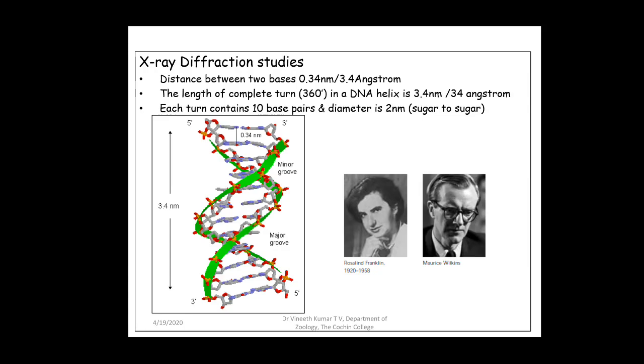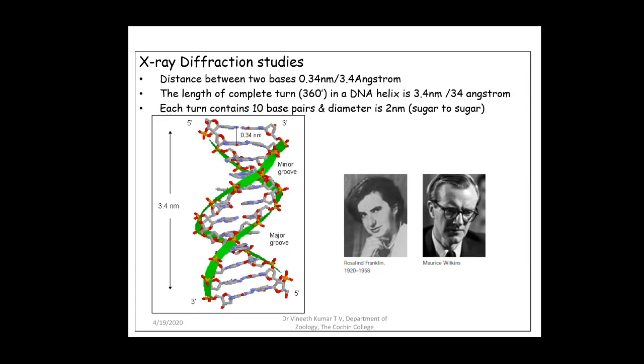Franklin and Wilkins, in their X-ray diffraction studies, could deduce many details of the structure, but they failed to come up with a three-dimensional model for DNA, which was accomplished in 1953 by Watson and Crick.